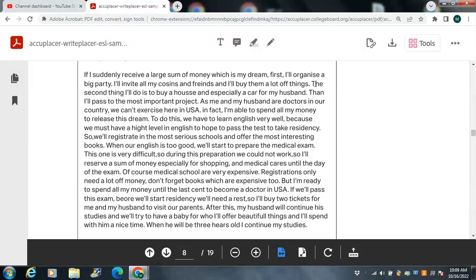So this is a simple sentence. I will say from a sentence fluency standpoint, I do like how the student began with a complex sentence, then moved into a compound sentence, then moved into a simple sentence. So I do appreciate that the writer did that.